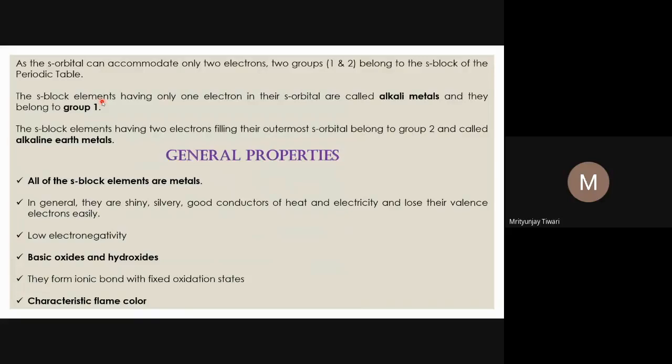So there will be 2 different groups. All the elements having 1 electron in the outermost S orbital belong to the first group, and all the elements having 2 electrons in their outermost S orbital belong to the second group.